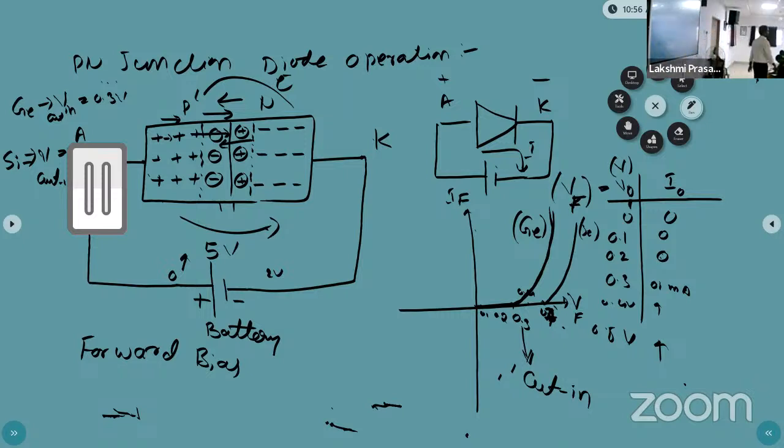That is for objective-type questions. So the silicon diode cut-in voltage is the typical 0.7 volt, and the germanium cut-in voltage is 0.3 volt. Only after 0.3 and 0.7 volt does the diode start conduction.